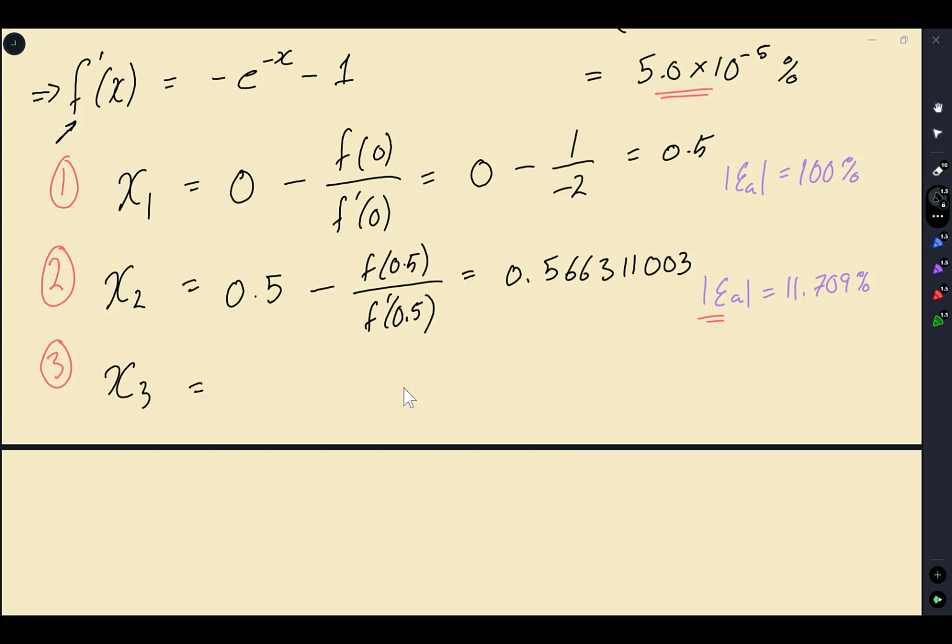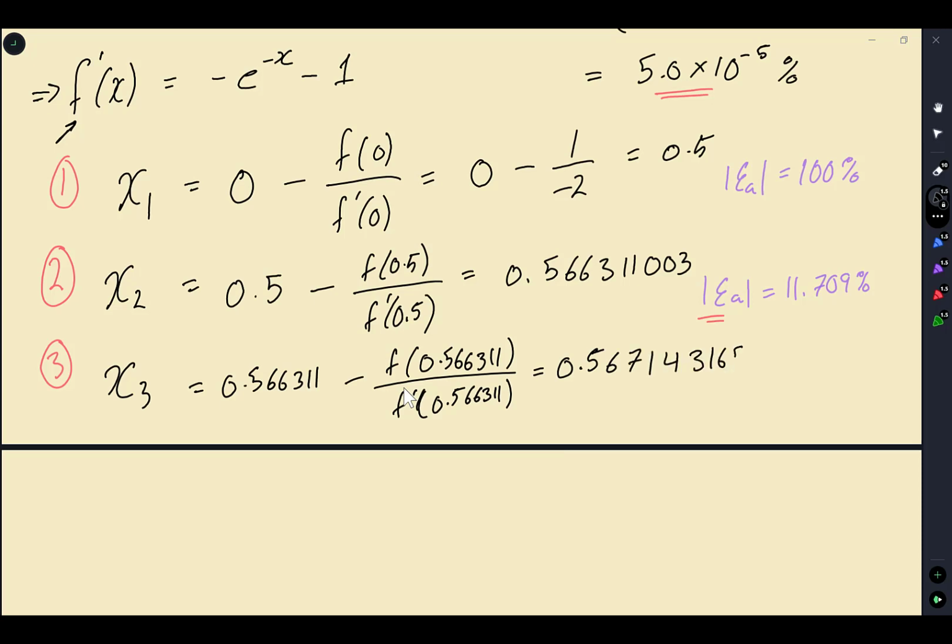x3 equals 0.566311, minus the function f at 0.566311, divided by f prime at 0.566311. Do the math, you get 0.567143165.